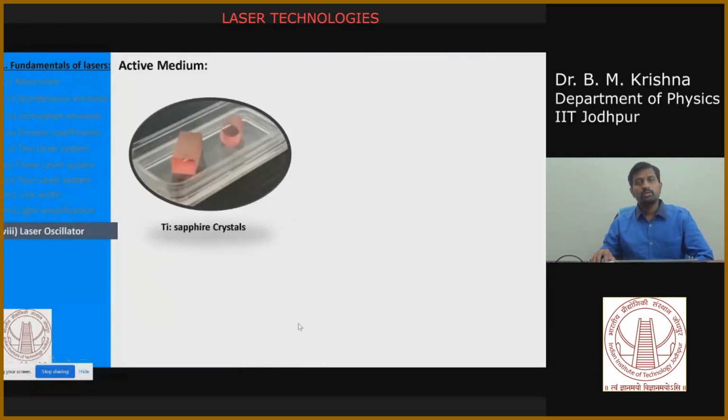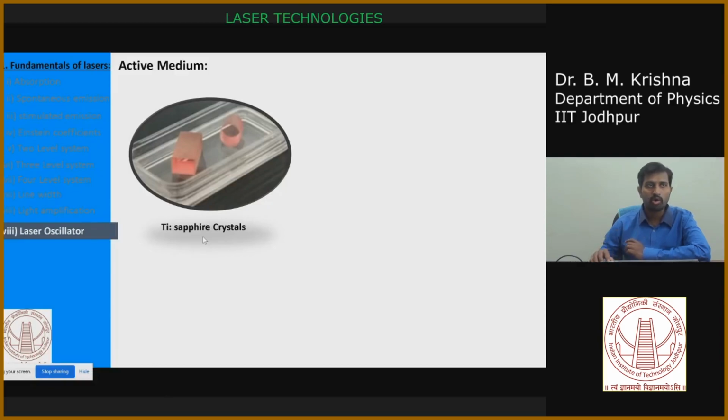Okay, so you can choose different active media such as different solid state materials. Here it's called a Ti-sapphire crystal, where titanium is doped into a sapphire crystal. This gives you a 4-level system to get your laser transitions.